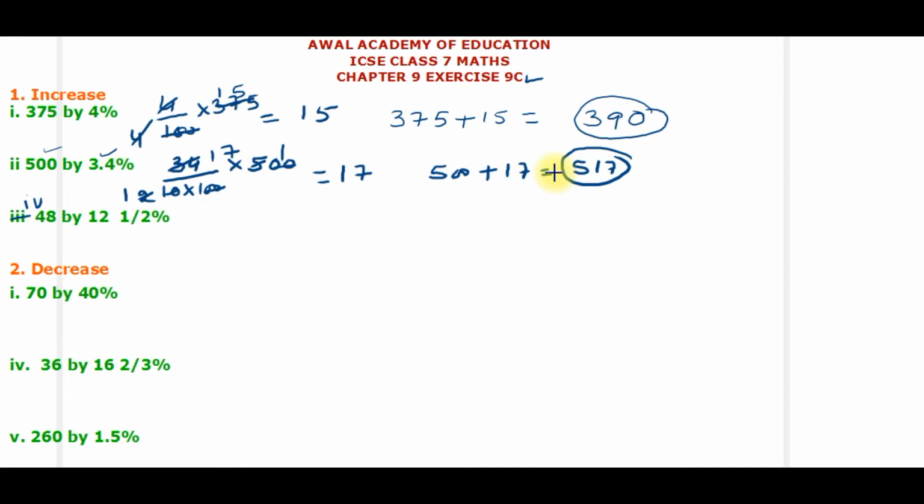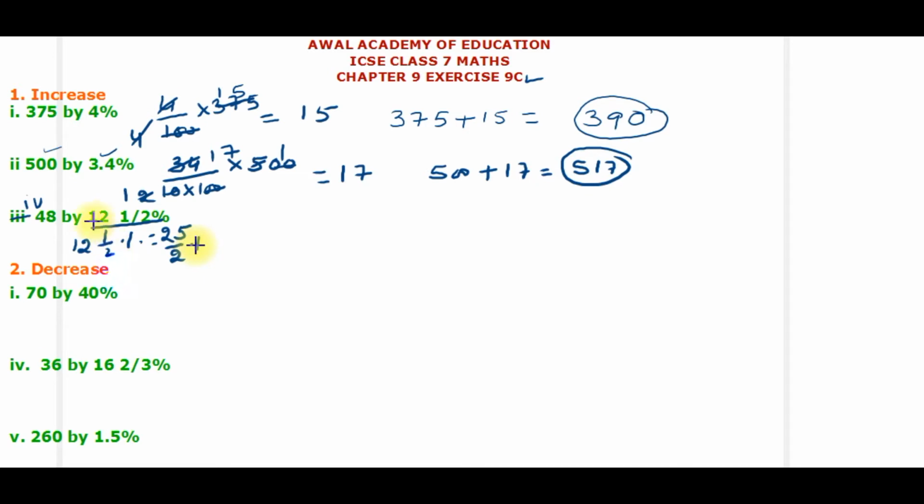Now we will move on to the fourth part, increase 48 by 12 and a half percent. We can say 12 and a half is 25 upon 2%.